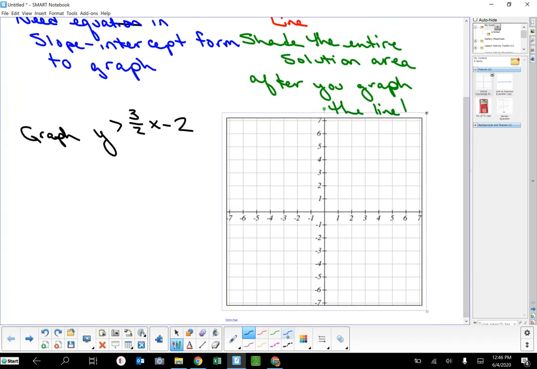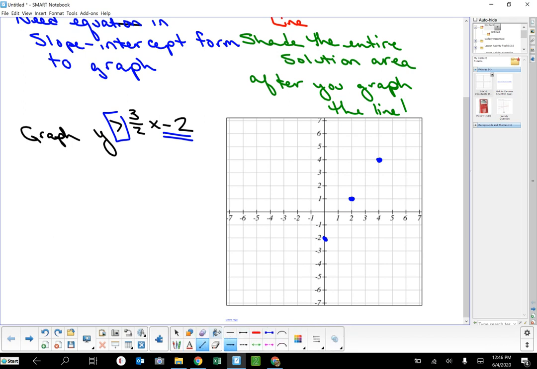So we're going to plot our y-intercept at -2. Slope is going to be up 3 and over 2. 1, 2, 3 over 2. And then we're going to use a dotted line because our symbol is a greater than sign.